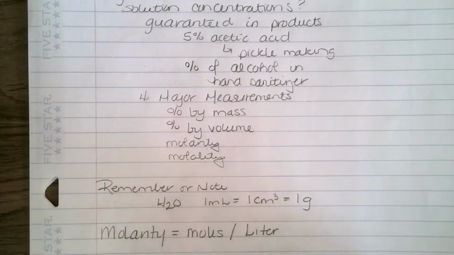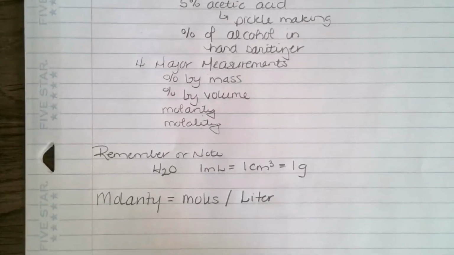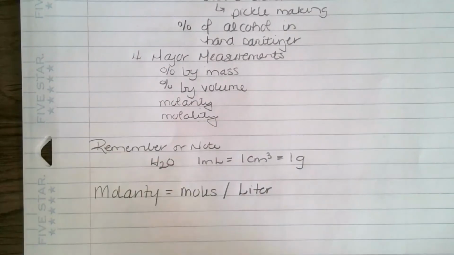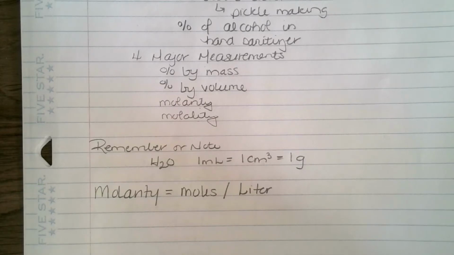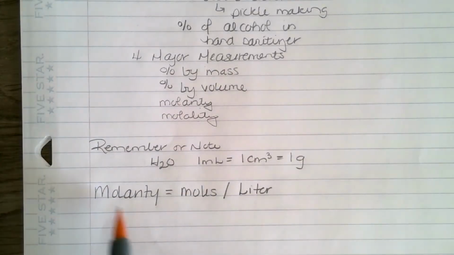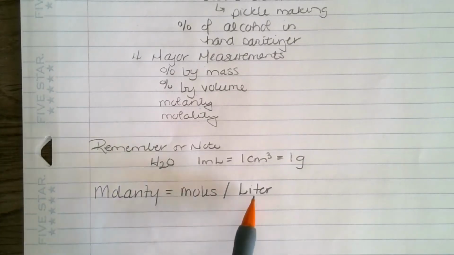One thing that we have to remember though, in water, 1 milliliter is equal to 1 centimeter cubed is equal to 1 gram. Pretty cool. I wonder if they use that in the SI system. Oh, I digress. Anyway, another thing that we must remember, and we'll get to it, is molarity equals moles per liter. Very important, moles per liter.